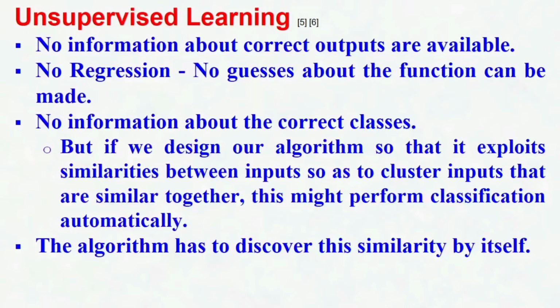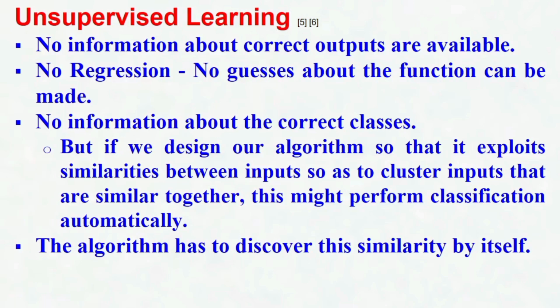But if we design our algorithm so that it exploits the similarities between inputs, so as to cluster the inputs that are similar in pattern and similar in characteristics, then we might arrive at a classification output.